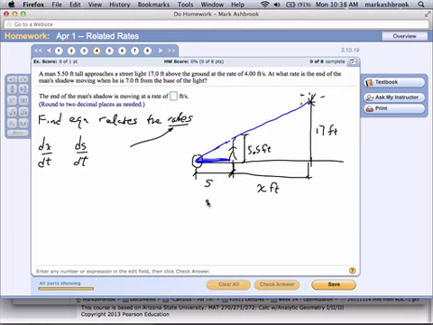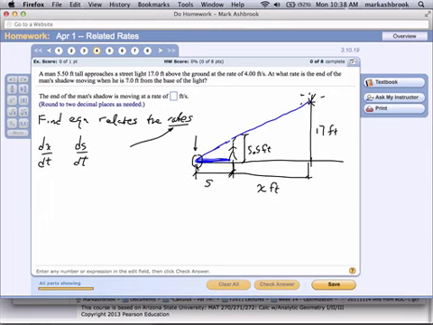So say it again now. The rate that the man is approaching the lamp isn't the same as how fast the shadow is moving. My question was, is ds/dt, how fast the shadow length changes, the same as how fast that point is moving? Because the question is asking how fast that point is moving.